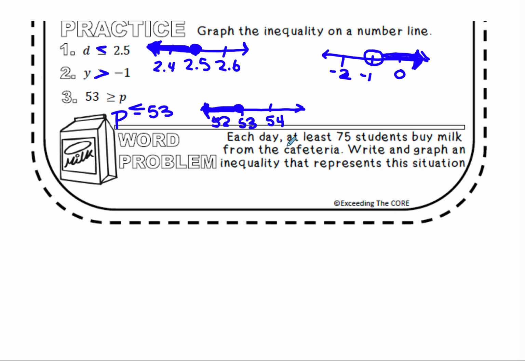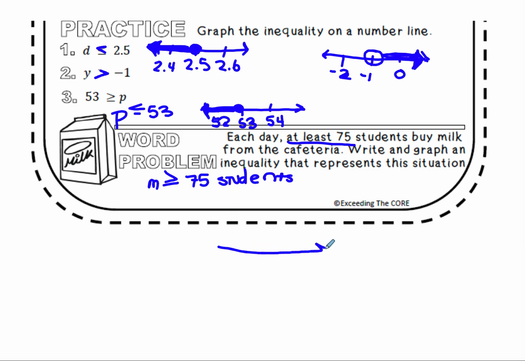Word problem: each day at least 75 students buy milk from the cafeteria. Write and graph an inequality that represents the situation. All right, let's see. I'm going to say M for milk. At least means greater than or equal to 75 students. All right, so now I need to graph.